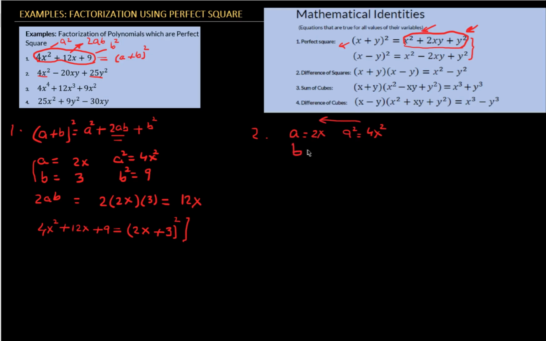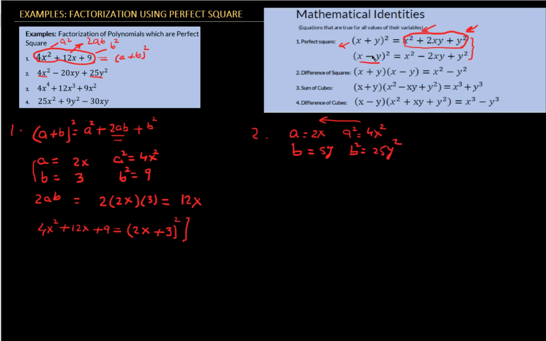So if I take b equals 5y, then b square would be 25y square, which is the third term. Now the middle term will decide. Ignore the sign at the moment because we have both identities.